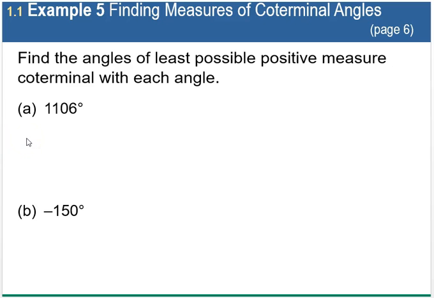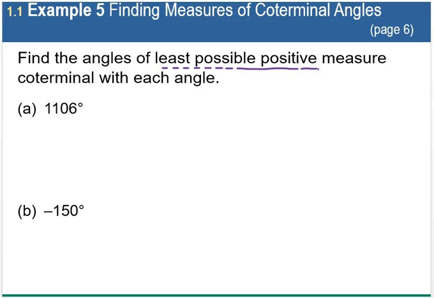In this example, it says find the angles of least possible positive measure coterminal with each angle. It says least possible positive measure.